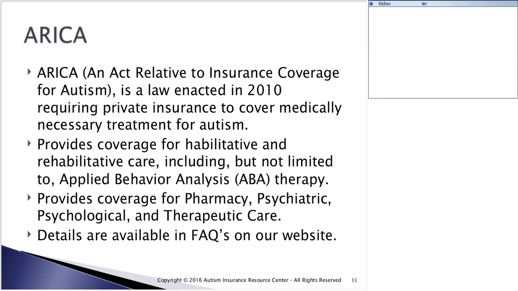Some people think ARICA has a list of thou shalt cover and a list of covered therapies. It's not there, and that's deliberate because we want it really to be medically necessary.